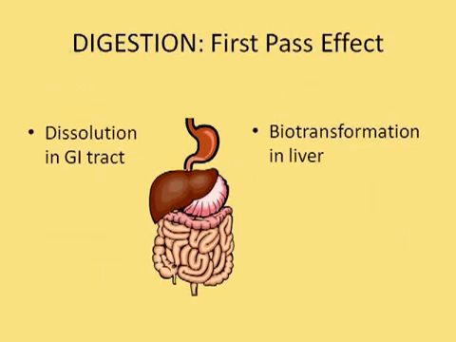Digestion. The drugs that do go to the stomach have to be broken down. Quite often that's called dissolution. And they're getting broken down into a form that can be absorbed by the body. Also, biotransformation occurs in the liver, where the drug is further broken down into metabolites that can be used in treatment in the body.